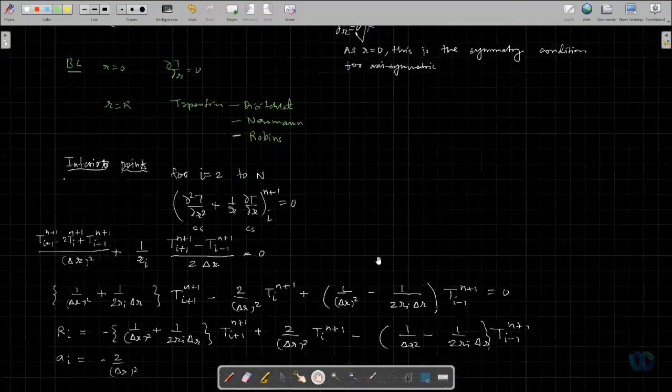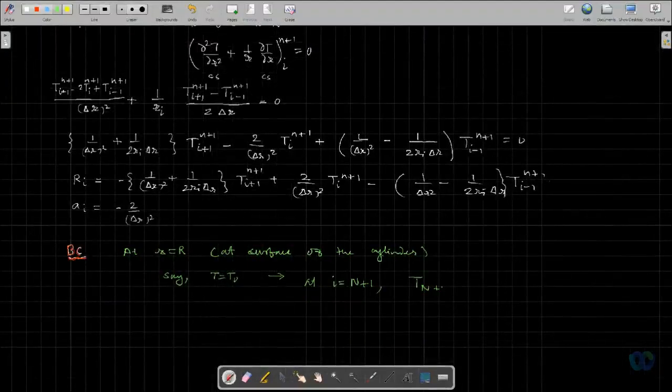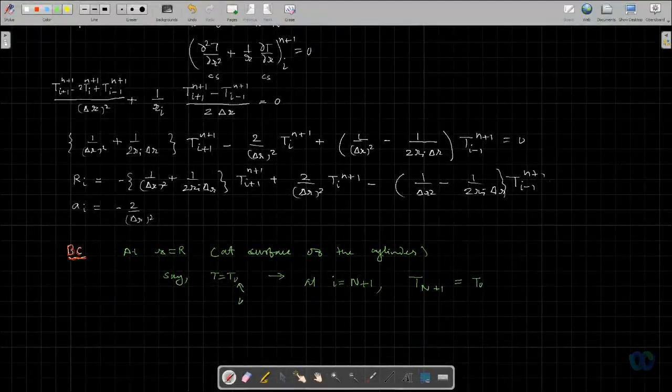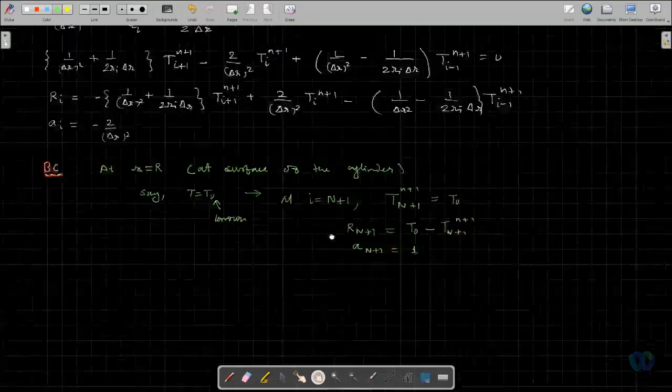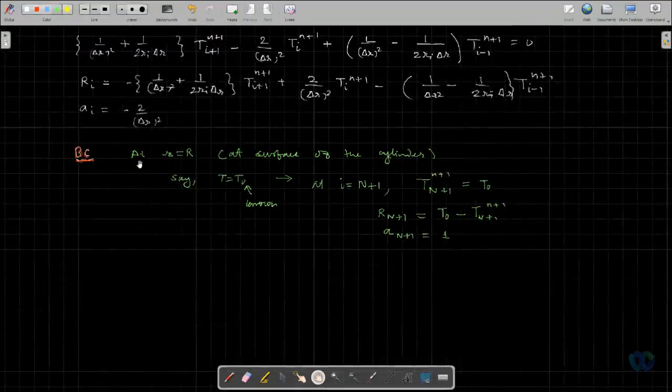And we'll say T n plus 1 is equal to this T naught, a specified, known value. So R n plus 1 will become right hand side minus left hand side, and A n plus 1 will become equal to 1, that is the coefficient of this point under consideration. Similarly, you can go for other boundary conditions and you can calculate R and A at the surface.